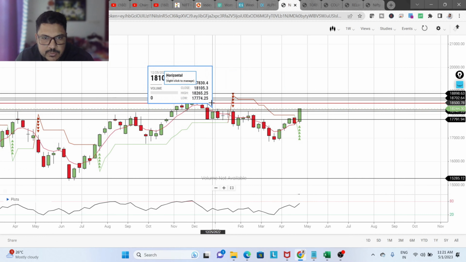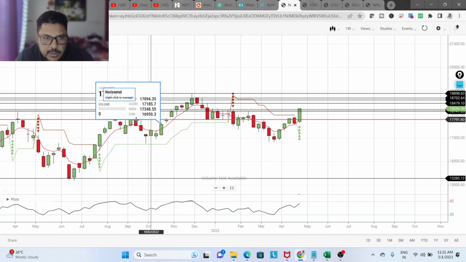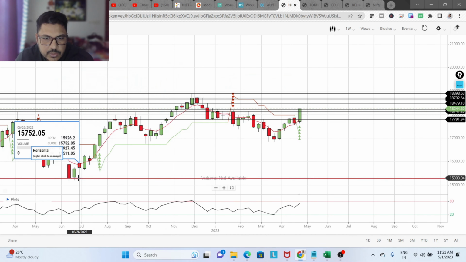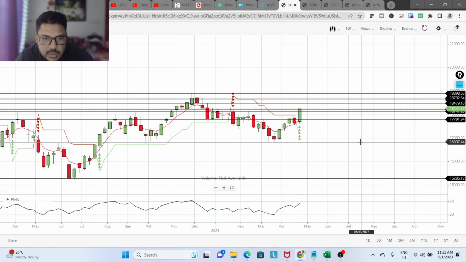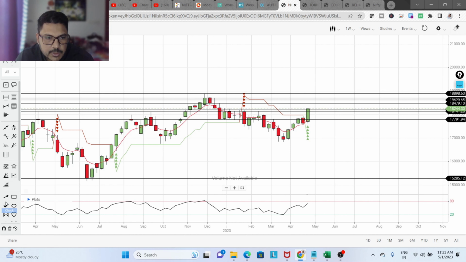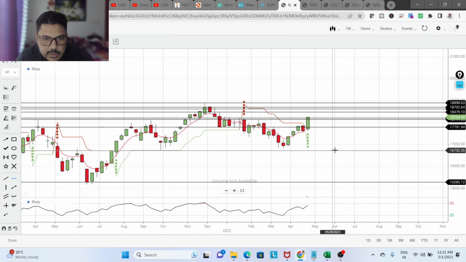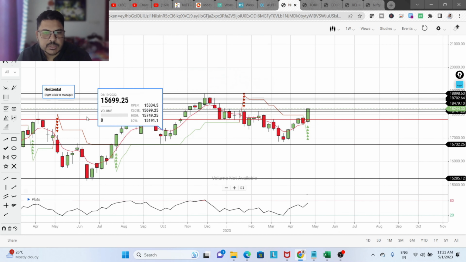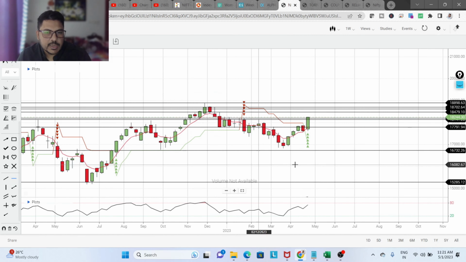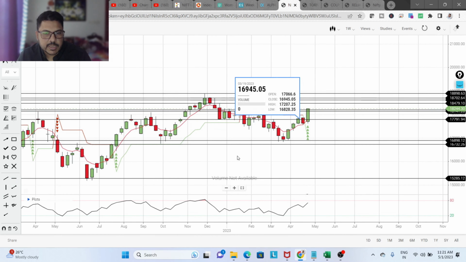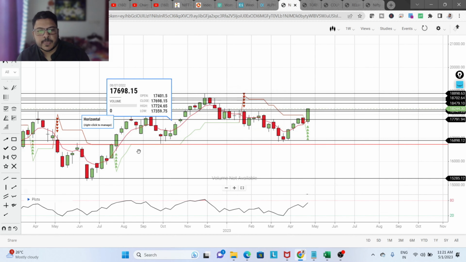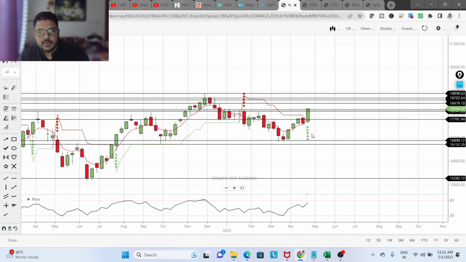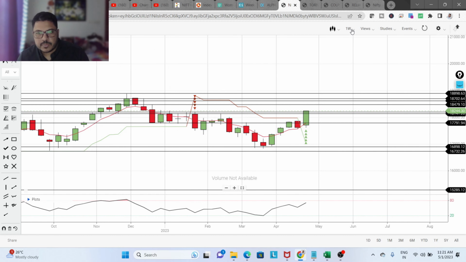This was a place where it got reversed, and this was the place where it got a bounce. Now this is another level which we can mark using a horizontal line, where it has bounced from. And when I say a level, it is a zone, guys, not a simple line. From where we have bounced, we are now heading to a zone.